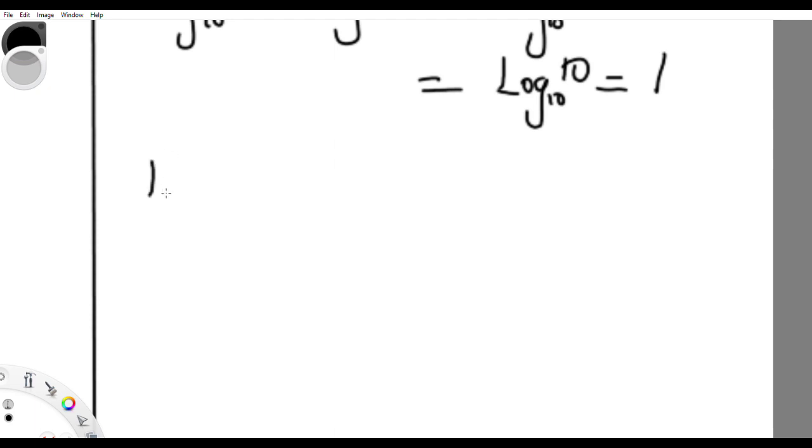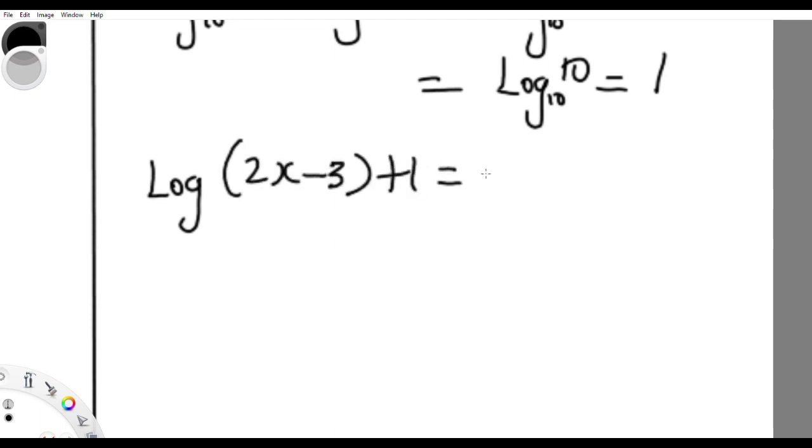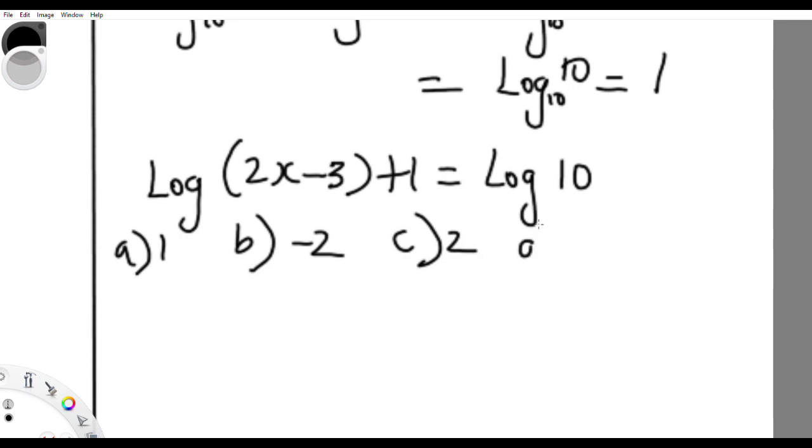Then let's go to another question. Log 2x minus 3 plus 1 equals log 10. Now the options for this: a is 1, b is minus 2, c is 2, d is minus 3.